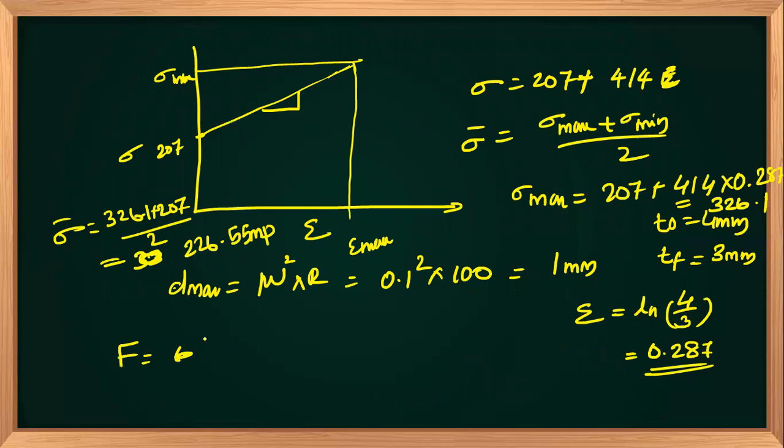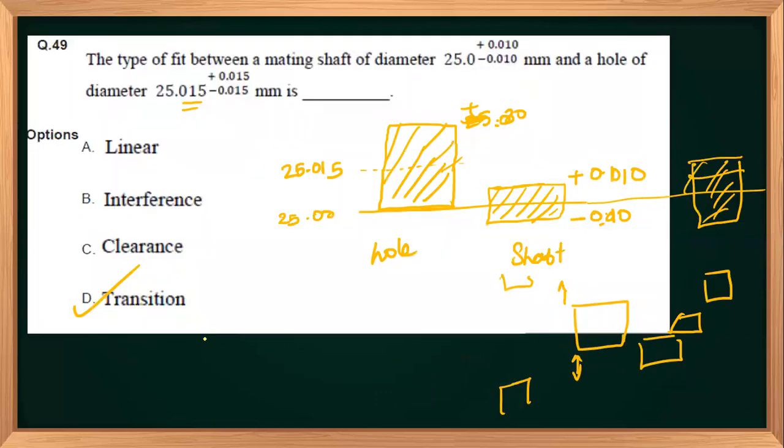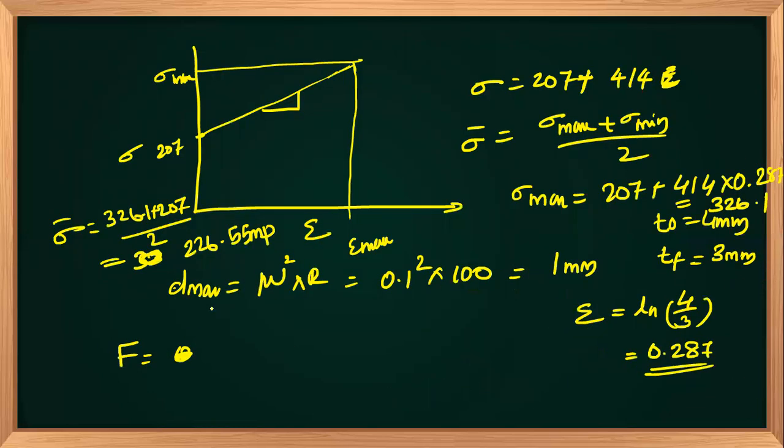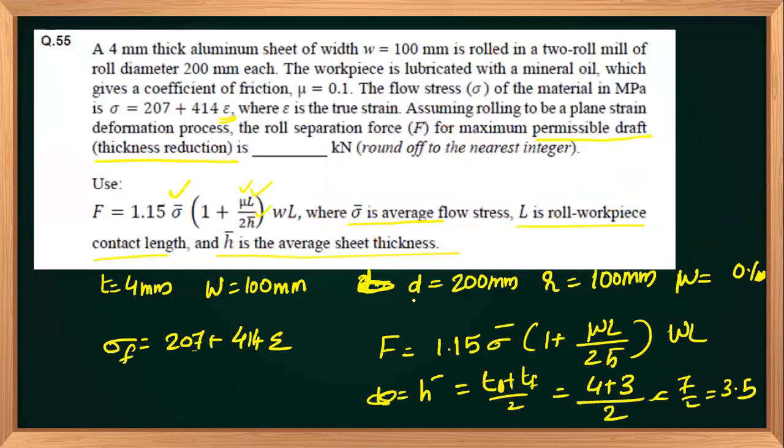F will be equal to 1.15 times sigma bar, 226.55, multiplied by 1 plus mu by L. Mu is 0.1. L is the contact length, which we have not calculated, right? Contact length is how much?